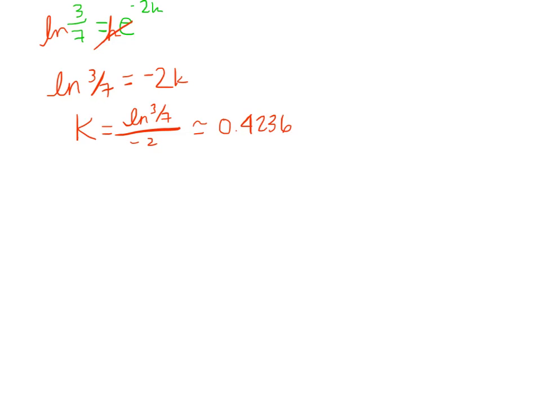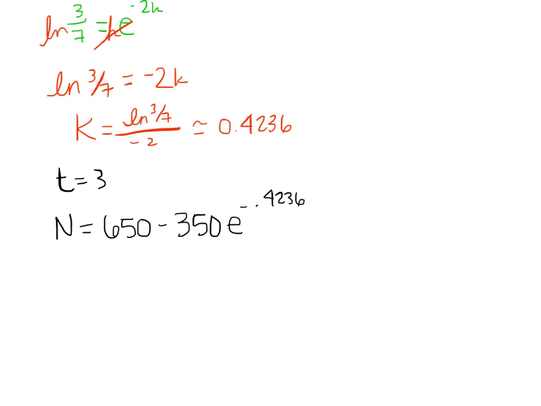If I want to find my total population when t equals 3, I can use my equation that n is equal to 650 minus 350 e to the negative, and I'm just going to plug in that 0.4236, but I would use that saved value in your calculator, times a t of 3. And when I did this, I got a value of something around 552 coyotes.